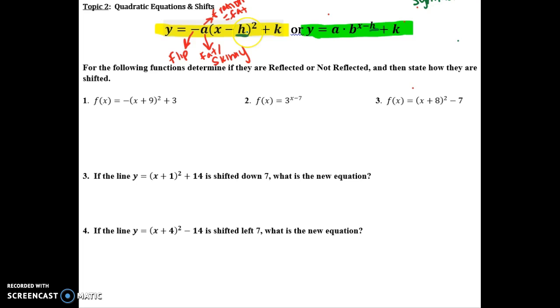The h right here is in parentheses with the x. Either way, that is your left or right shift. And remember, it's always opposite of the sign. And we'll do an example in a minute. And then your k, notice they both have a k. That's the number on the end. That is your up and down shift.